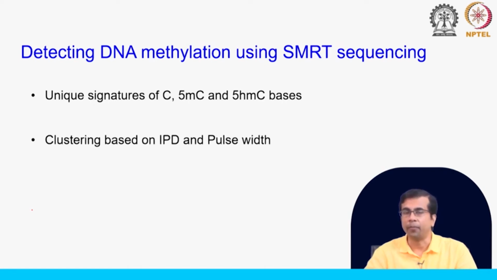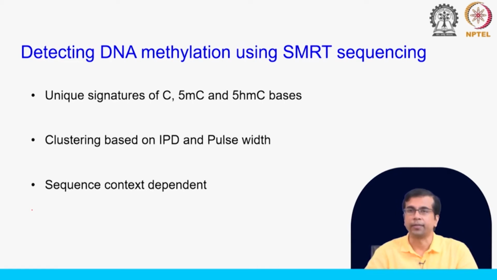Using the IPD and pulse width parameters, they could cluster these unmethylated cytosines, 5mC and 5hmC bases into different clusters, based on which they could identify the modification. But what I have just mentioned is dependent on the sequence context. So, if you change the sequence context, it is likely that the signals, these IPD ratios, etc., will change.